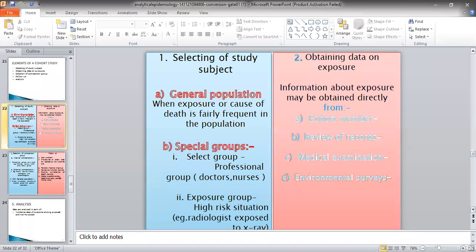So selection of the study subjects can be general population based or special group based. Okay. Second step is we will obtain data on exposure.